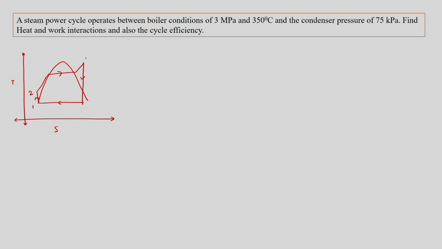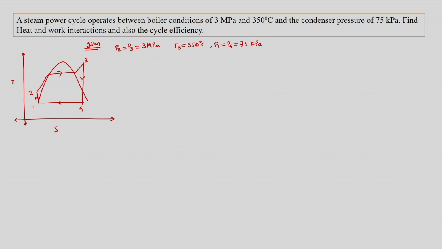So state 2 and 3 pressures are given. P2 is equal to P3 is equal to 3 megapascal and T3 is equal to 350 degree Celsius. We are told that P1 is equal to P4 is equal to 75 kilopascal.